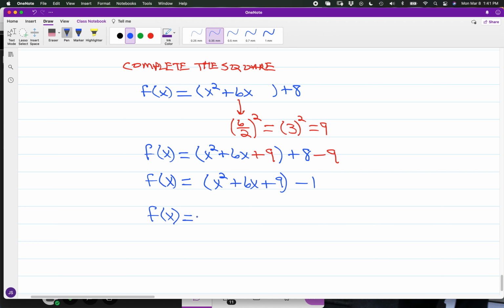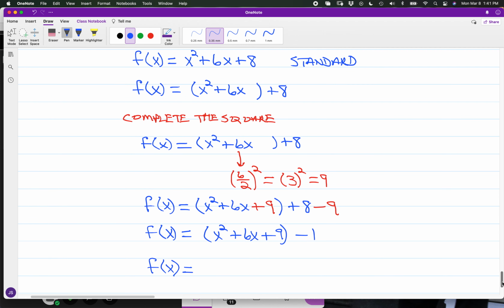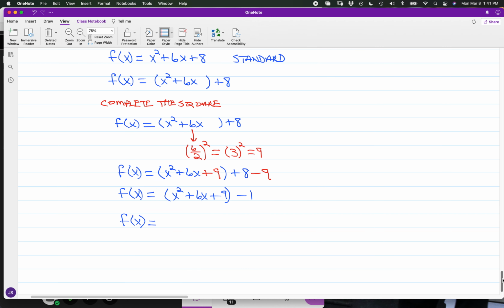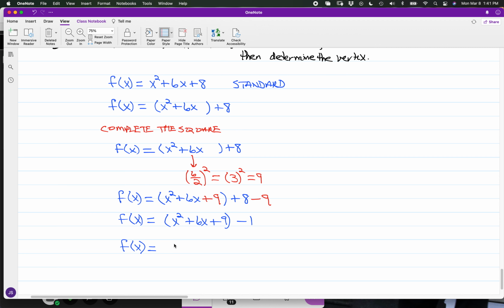We have a square trinomial with x squared plus 6x plus 9. Now our k value is going to be negative 1.